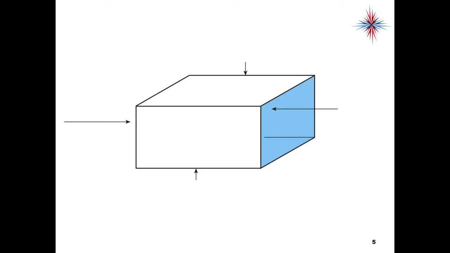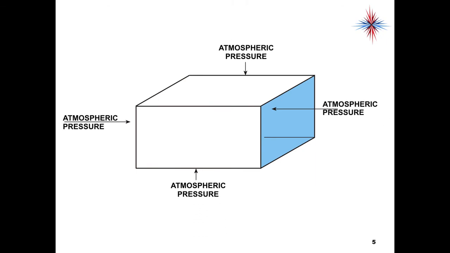So when we take a look at a piece of ductwork, okay, we have a lot going on in terms of pressures. Okay, I have atmospheric pressure as long as there's no blower on it. I have atmospheric pressure on the outside. I have atmospheric pressure on the inside. I have atmospheric pressure all around it.